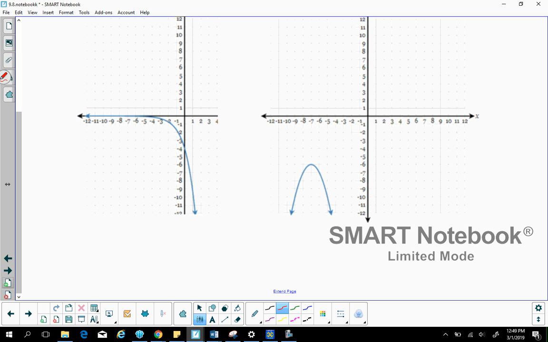You just gotta switch it. Make sure it's bottom up. When you're looking at your graph going down forever and ever, and then you're looking at your asymptote. You're on the right track.